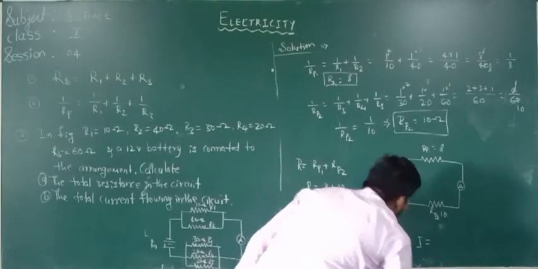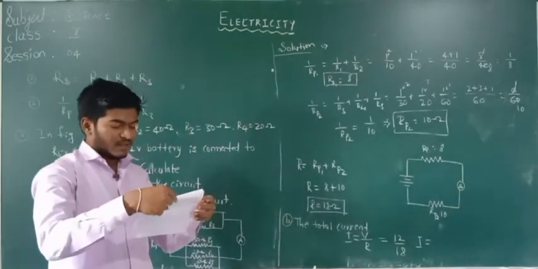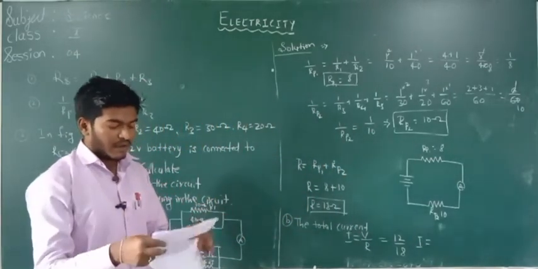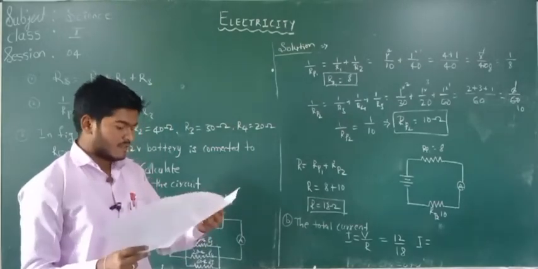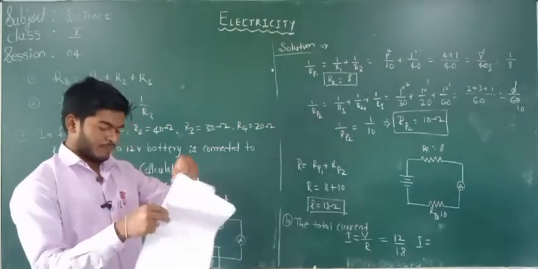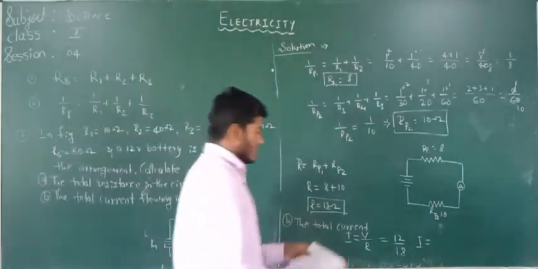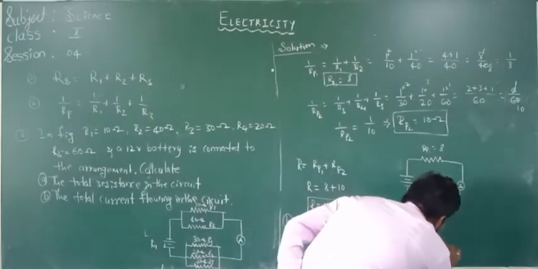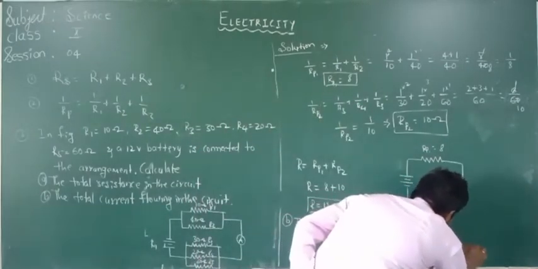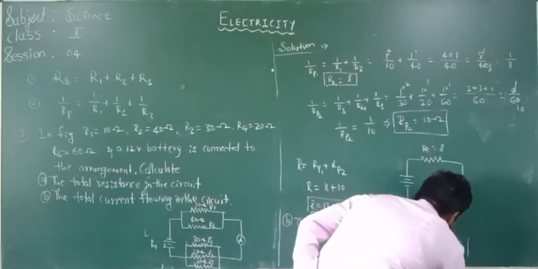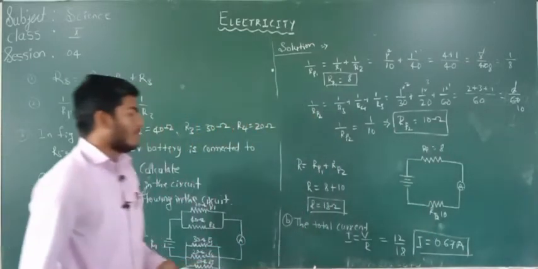Therefore the total current flowing through the circuit, I is equal to 0.67 ampere.